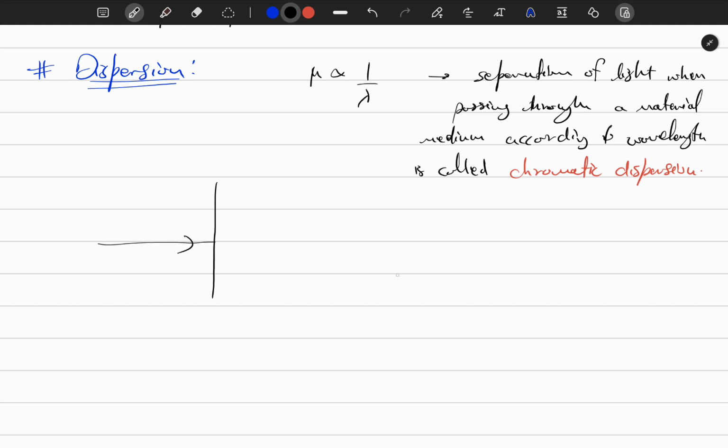Okay, and if the light is incident obliquely, that is the angle of incidence is greater than 0 degree, the colors become separated in space. Okay, so both surfaces reflect blue more than red.